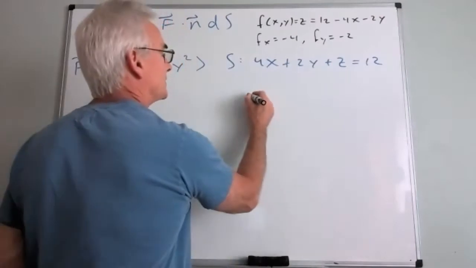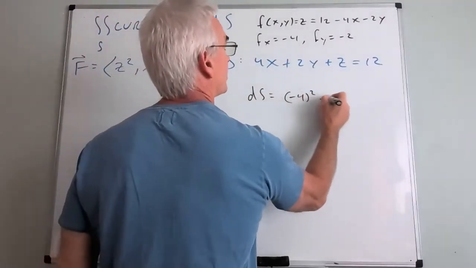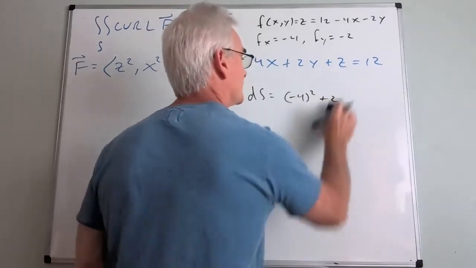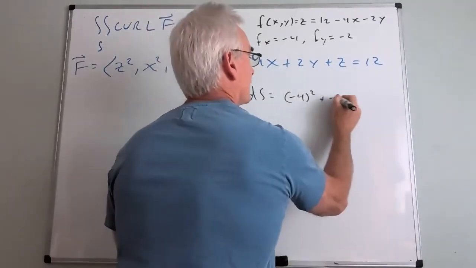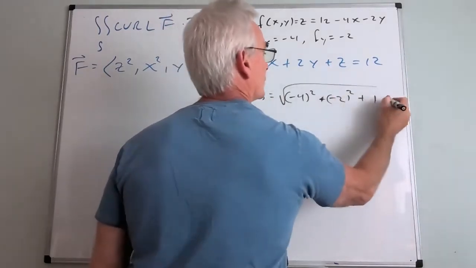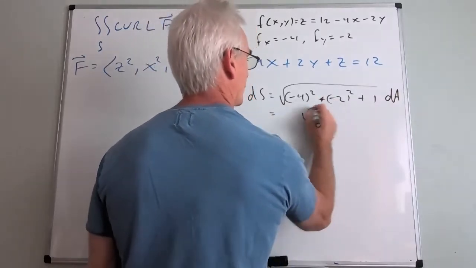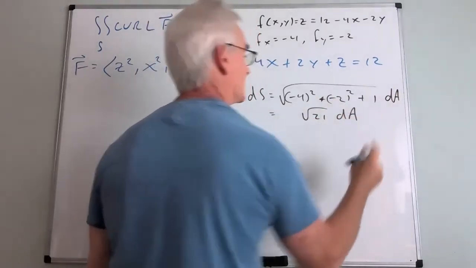The dS is going to be the square root of the square of -4 plus the square of -2 plus 1, dA. So that's 16 plus 4 plus 1, or root 21 dA.